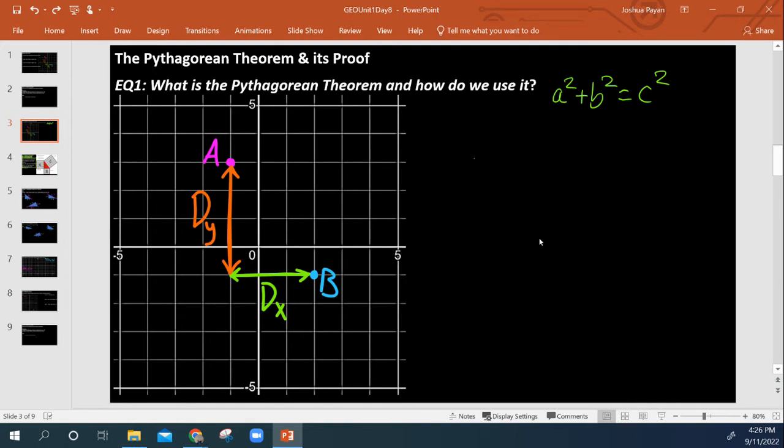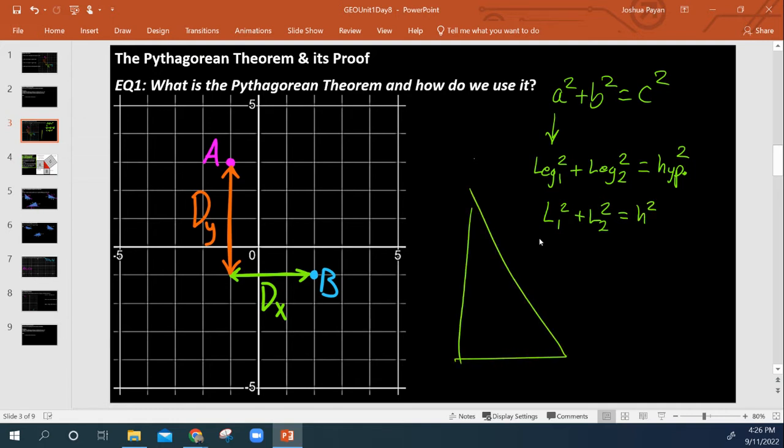Okay, so what we really mean to say is leg 1 squared plus the other leg, we'll call leg 2 squared, should be equal to the hypotenuse squared, or L1 squared plus L2 squared equals h squared. Okay? And let's talk about what legs on a right triangle even are.